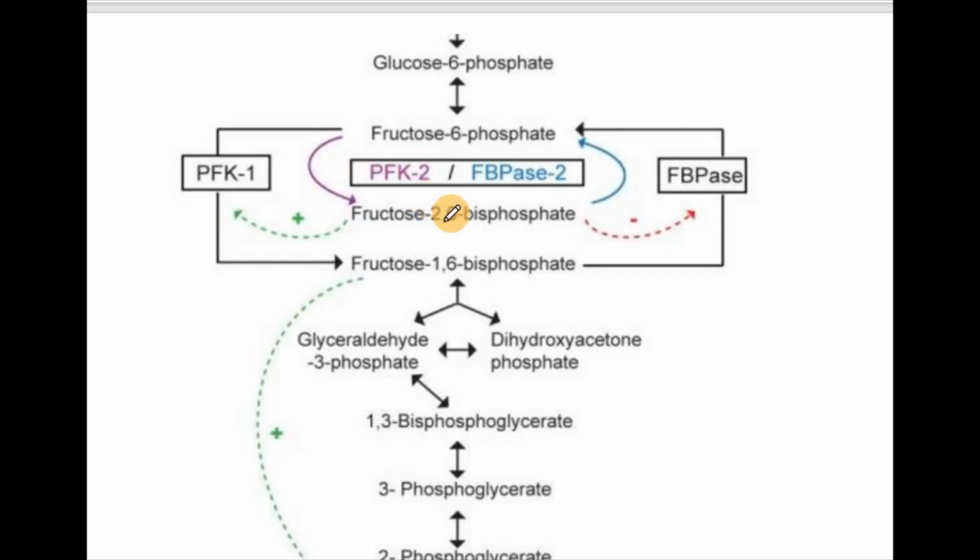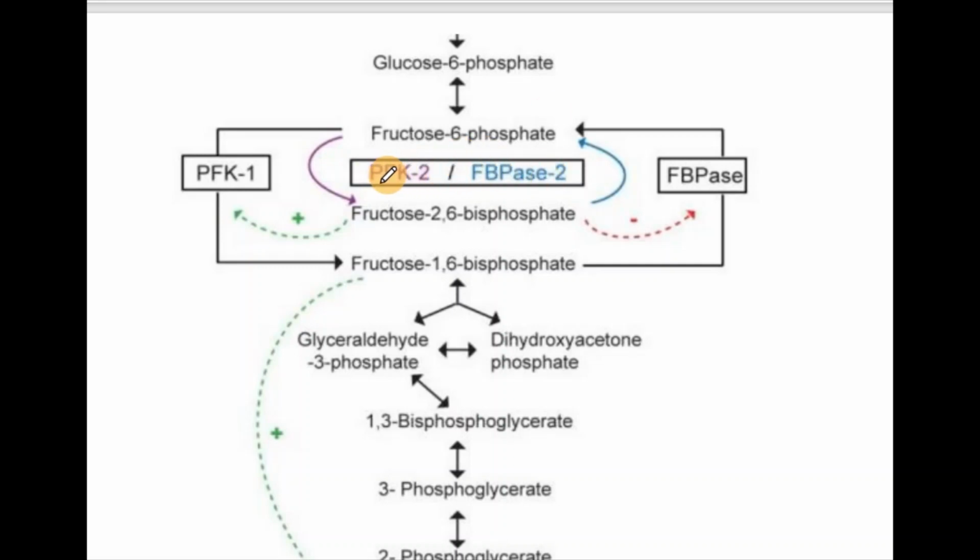Then this reaction is reversed by an enzyme called fructose 2,6-bisphosphatase. These two enzymes, PFK2 and FBPase2, are what we call bifunctional enzymes. They are called bifunctional enzymes because they are found on the same protein, but at different sites.